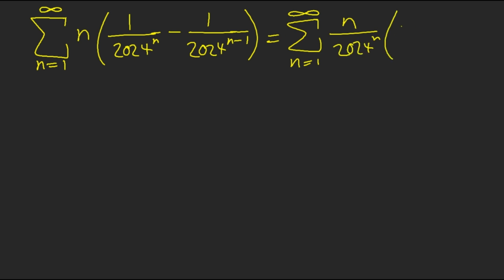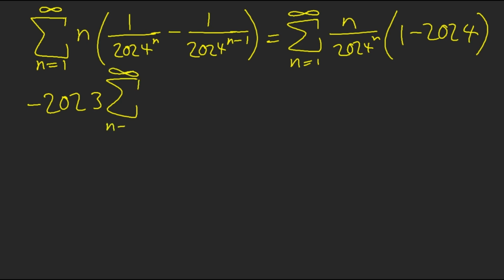And what we have is 1 minus, and this is 2024 to the negative 1. So we have 2024 times (1 minus 2024). Okay, so we have negative 2023 times the sum from n equals 1 of n over 2024 to the power of n.